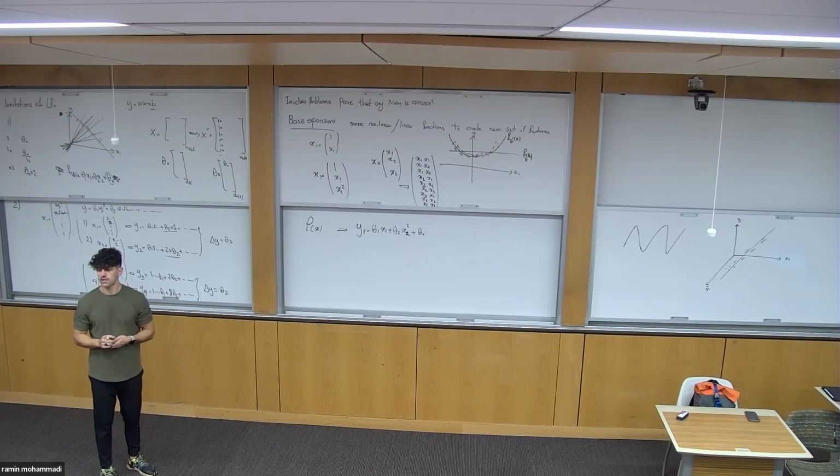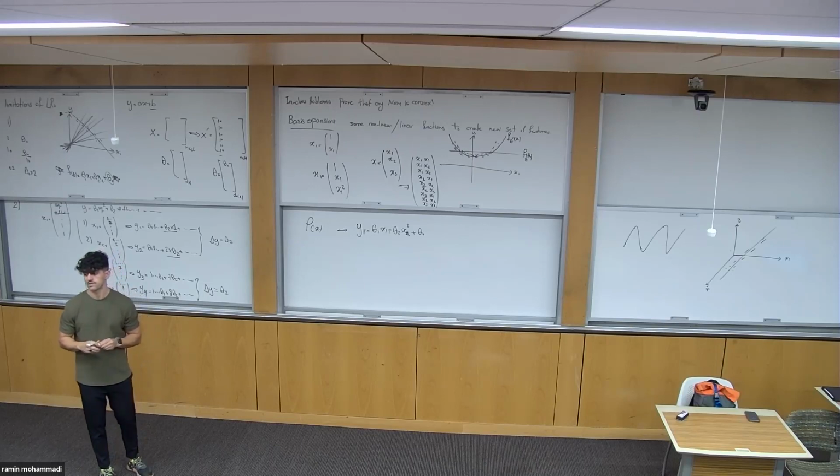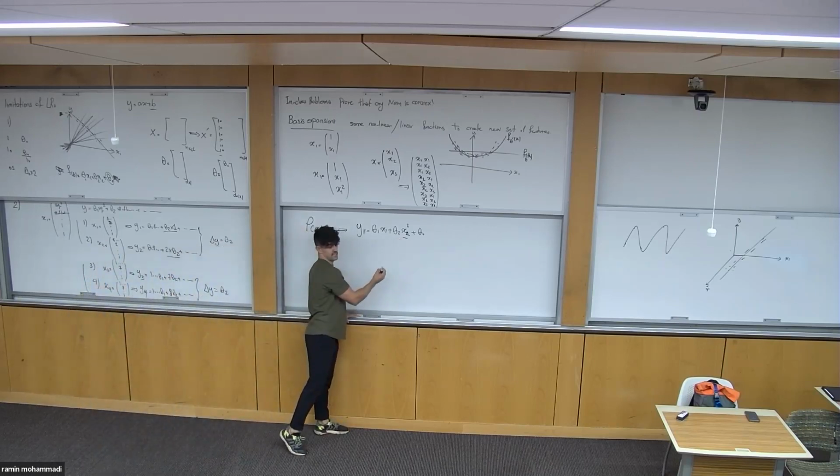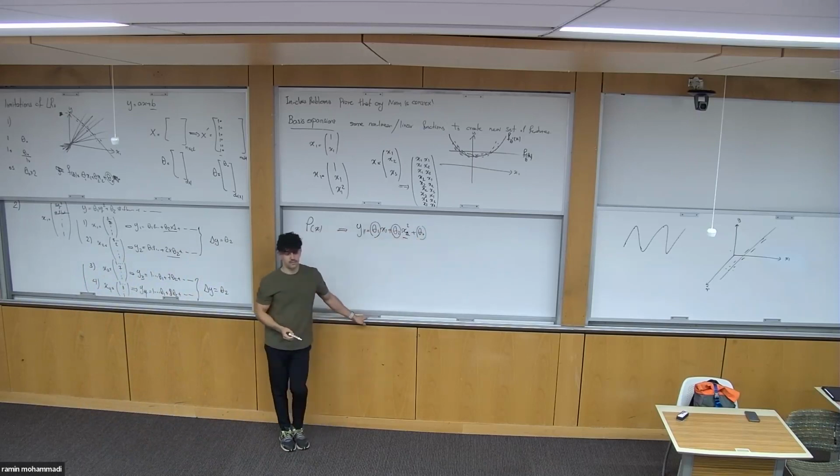Do you still call this a linear regression or no? Why? With respect to? That's correct. The expansion is over x. It's still linear multiplications of thetas.